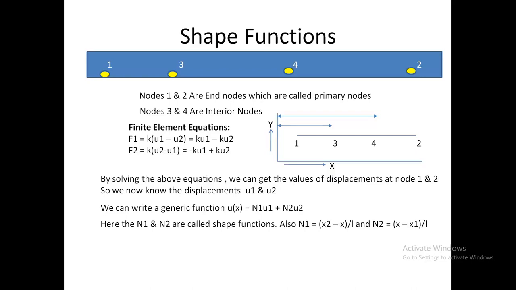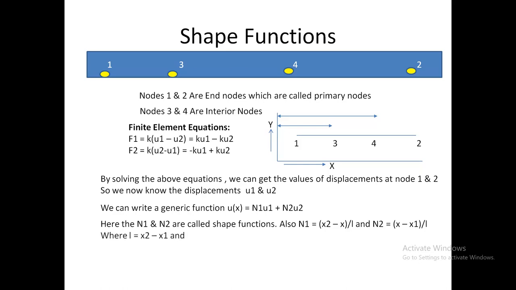Here we can write that N1 is equal to (x2 minus x) by L and N2 is equal to (x minus x1) by L, where x is any arbitrary distance. Suppose x is equal to x3, or x4, that way I can find it out. Before that, what is L?